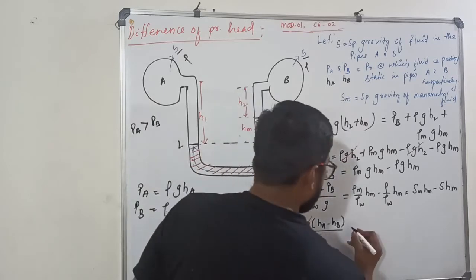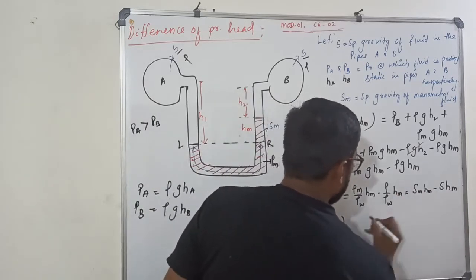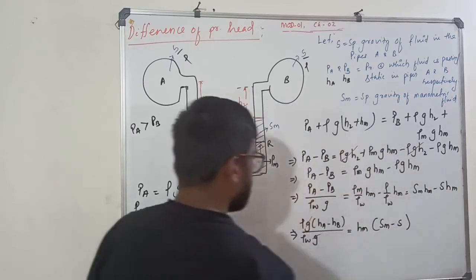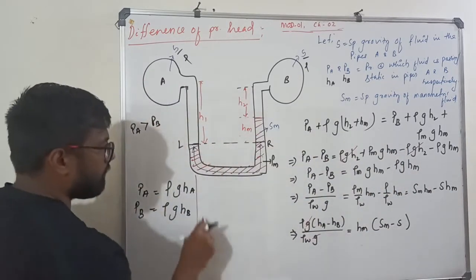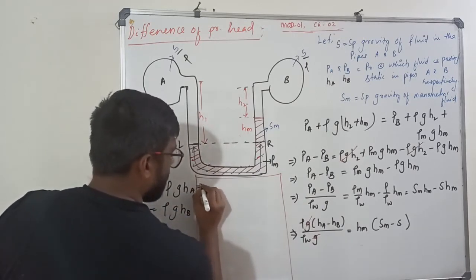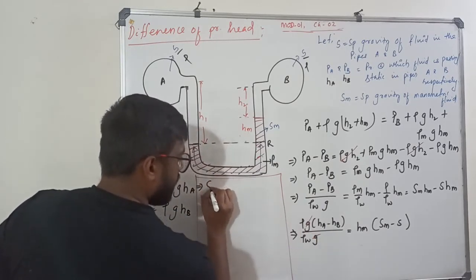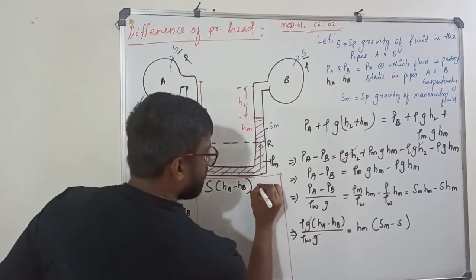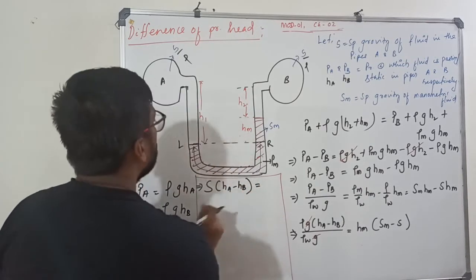HM common, I got SM minus S. Please see here what I am writing. So this implies S into HA minus HB is equal to, where I can write here.